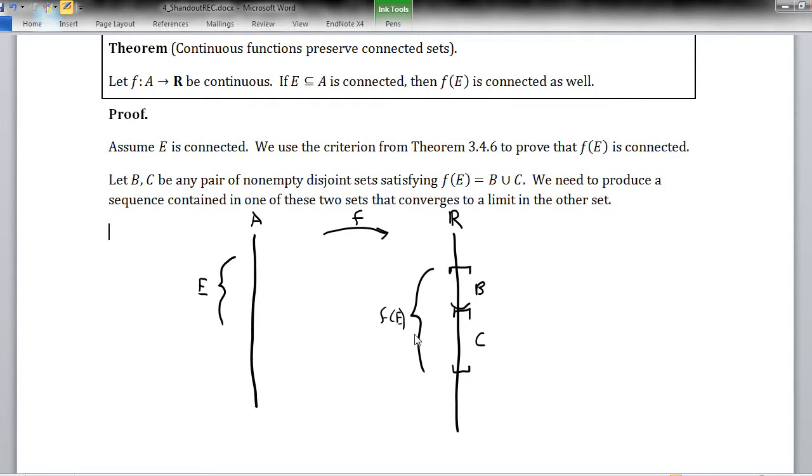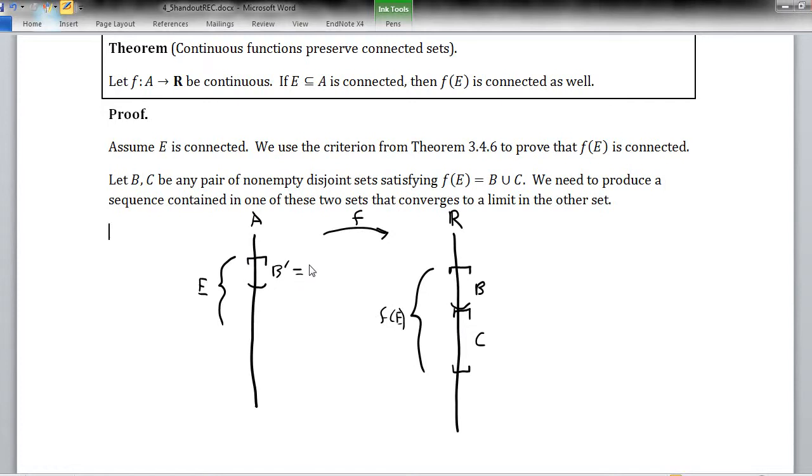Okay. So the first question is, well, what are the sets back in A that correspond to my B and C over here in R? And what we want to do is basically look at all of the points in E which map into B. Maybe that's these points right here. That's what I'm going to call B prime.